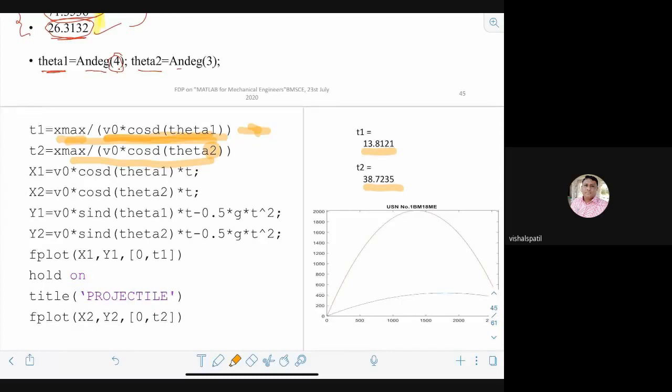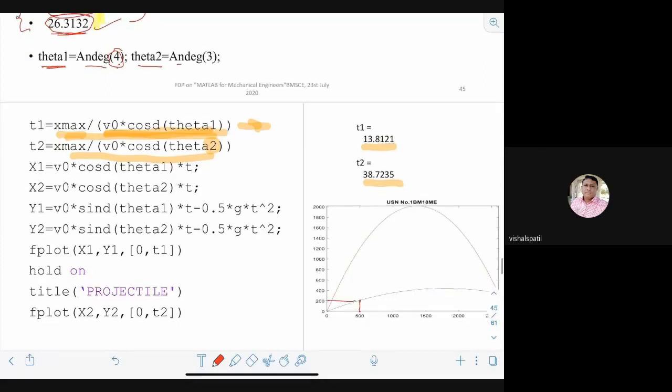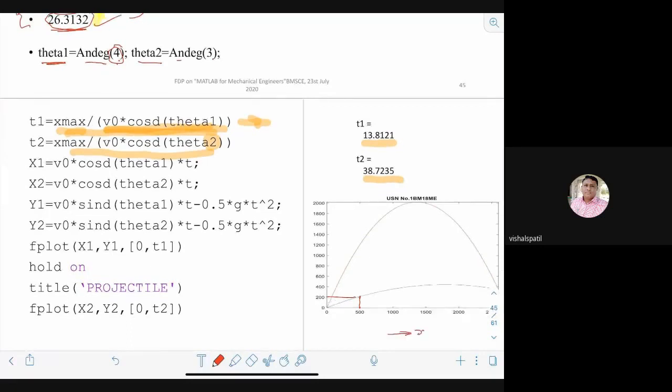Okay, now I need to plot it. So you need to get this as a function of time at various positions. Remember, this is x and this is y.